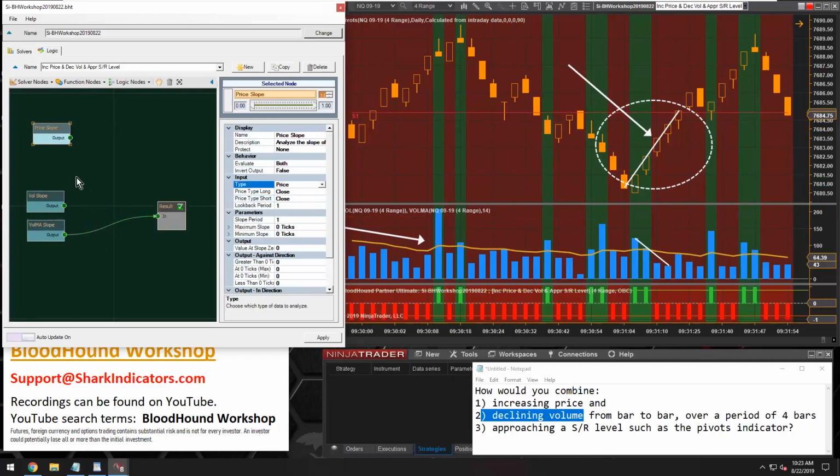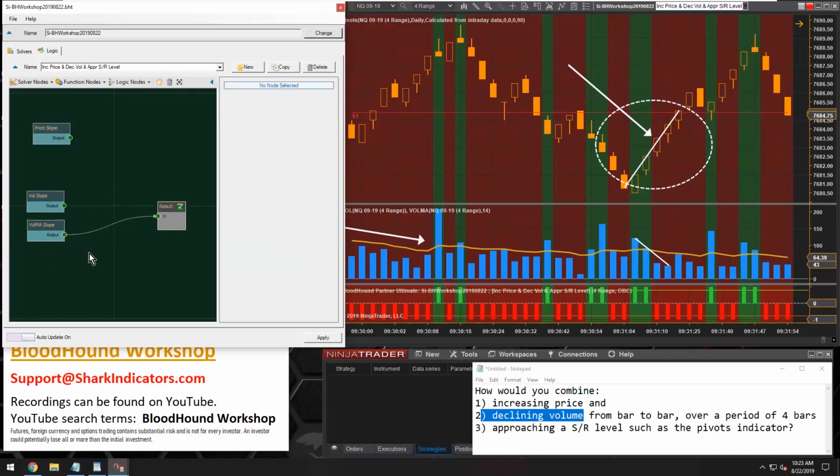And there's one other thing we need to do for these volume slope solvers. Whether price is increasing or decreasing towards a support resistance level, typically, the questions I see coming in, volume will always be declining here.